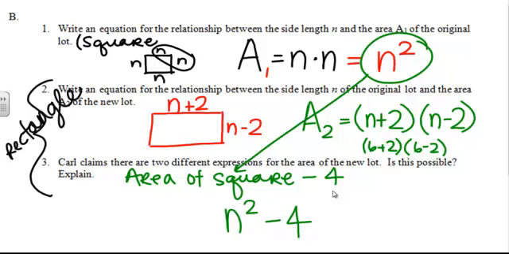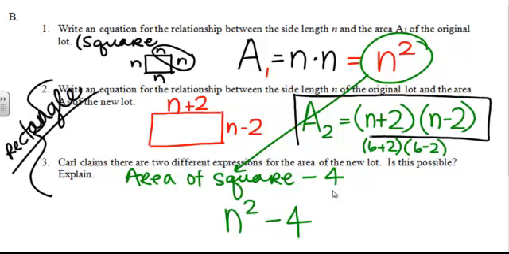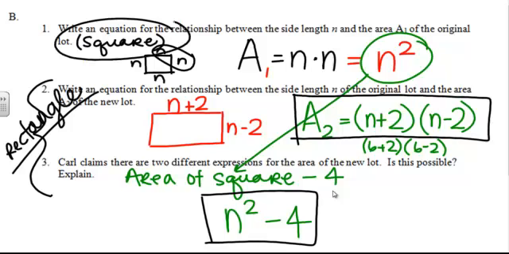So pick one of them, either this equation right here or this equation right here. Doesn't matter. You're going to graph one of those, and then you have to graph the one of the square. So this equation right here. And I'm going to have you do this on that website that I showed you the other day, the Desmos website.